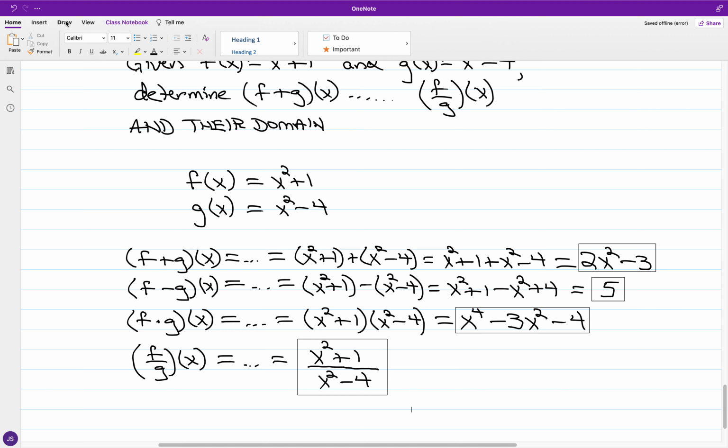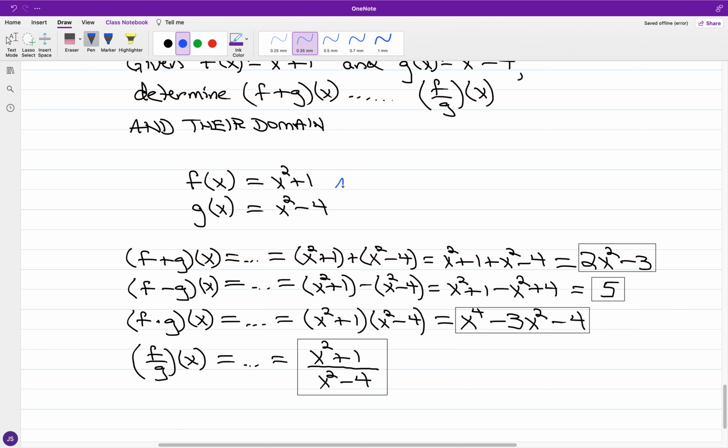Now where the domain comes in, you've got f of x and g of x. Both of these are second order functions as opposed to linear. But like the linear, you don't have an even root radical suggesting that the expression cannot be negative, nor do you have a fraction suggesting that any part of it cannot be 0.